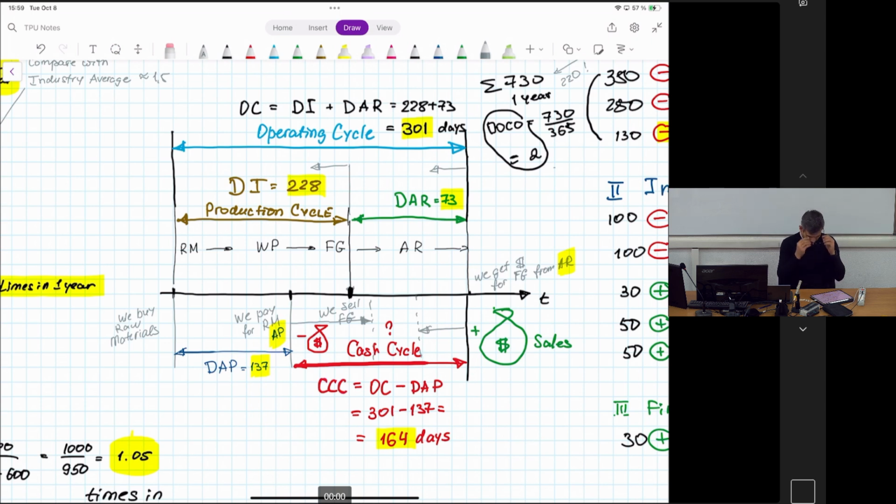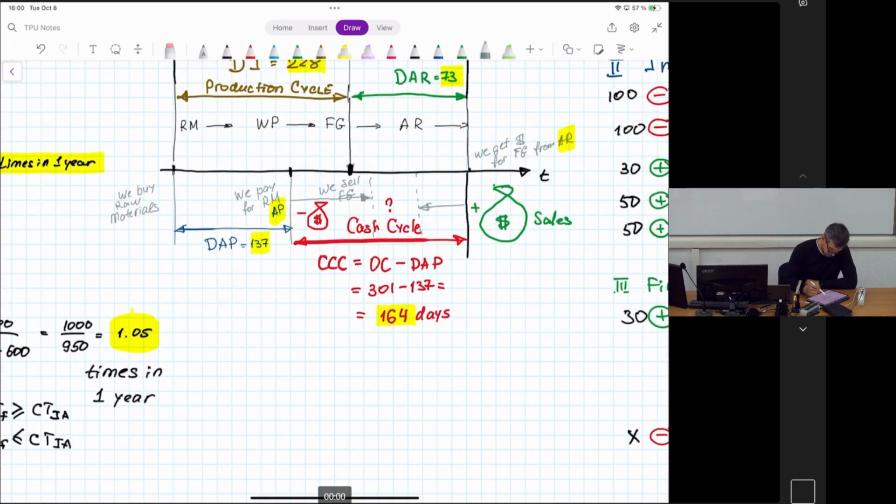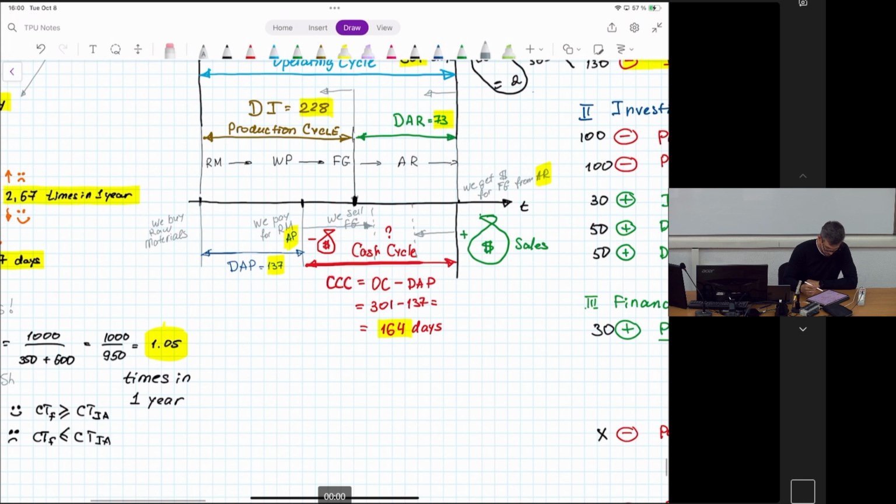So that's the idea about asset management ratios. I will add one more formula here. Look, for the cash conversion cycle, I said that it's our operating cycle minus the days in accounts payable.